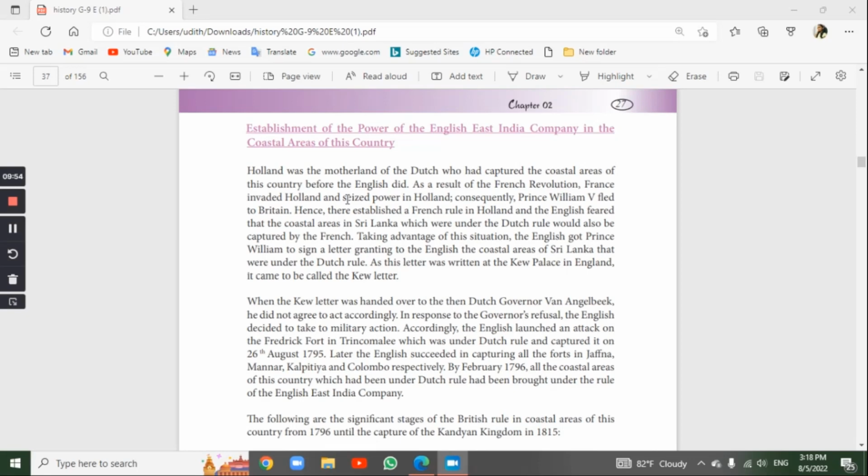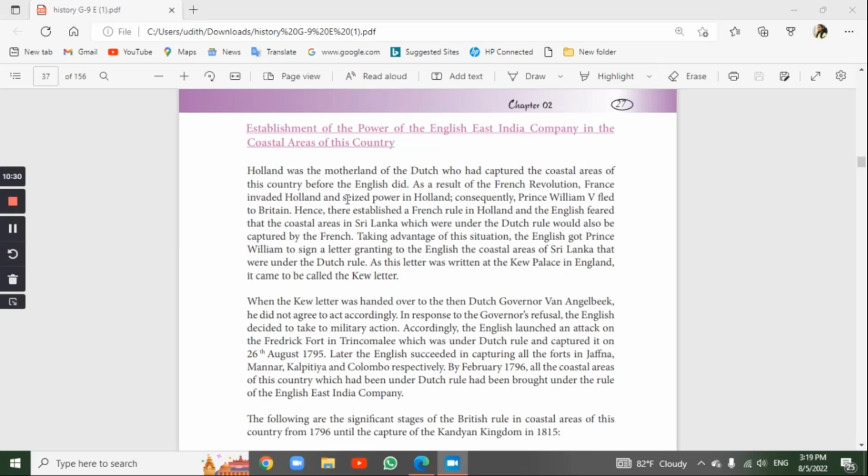Prince William V, the king of Holland, fled to Britain for protection, and French rule was established in Holland. The English were afraid that the coastal areas of Sri Lanka under Dutch rule would also come under the French.